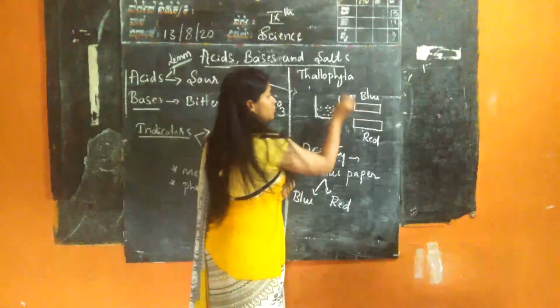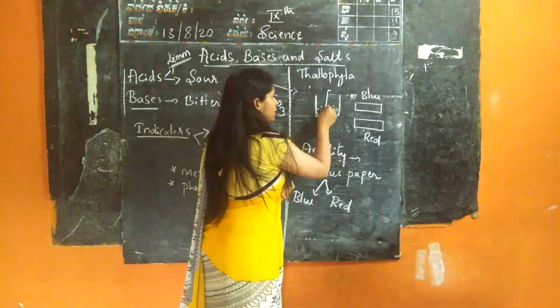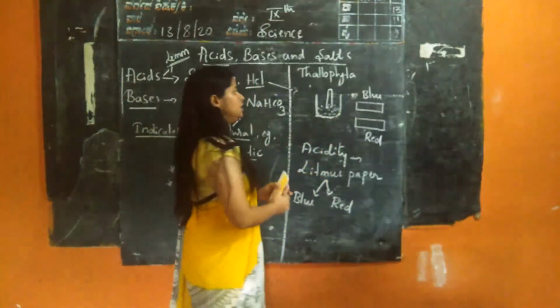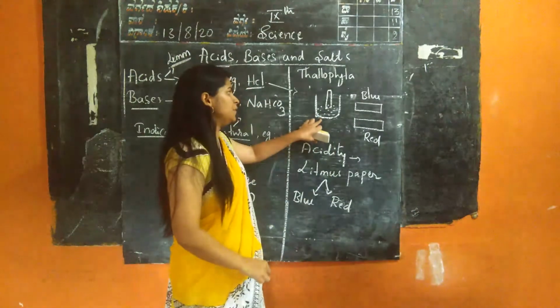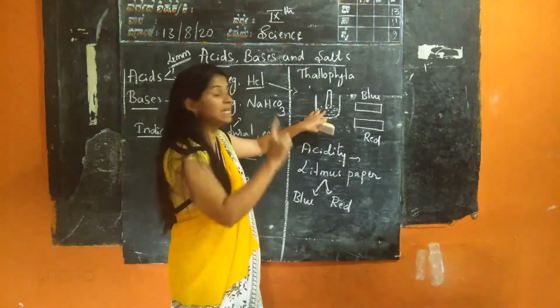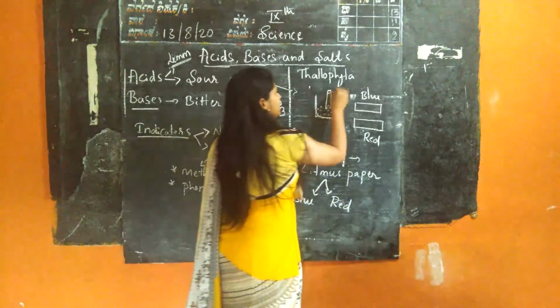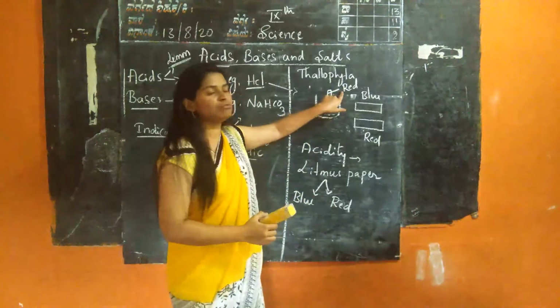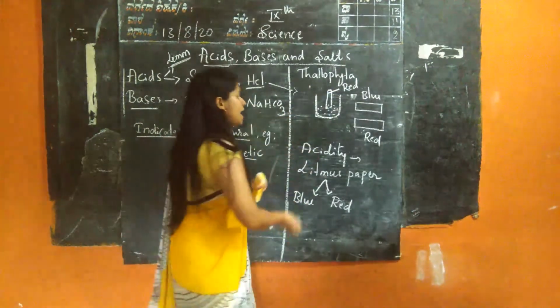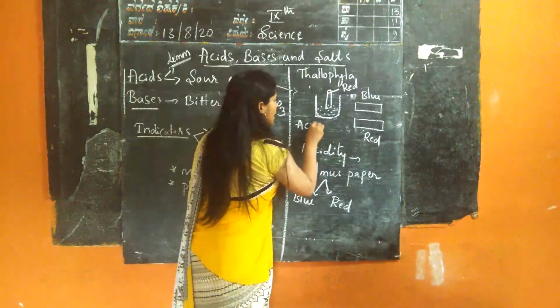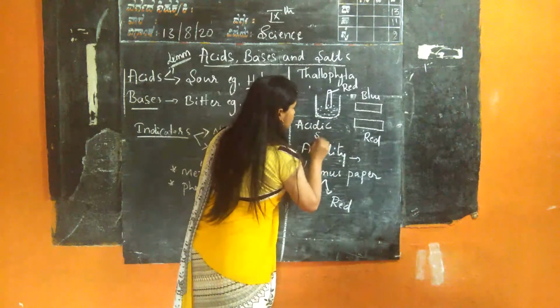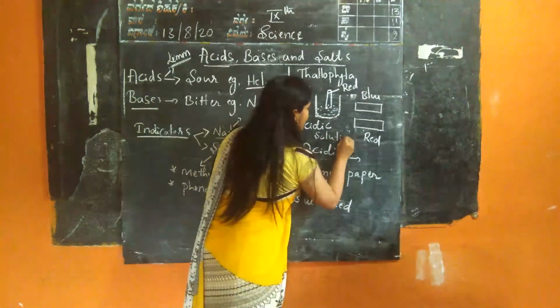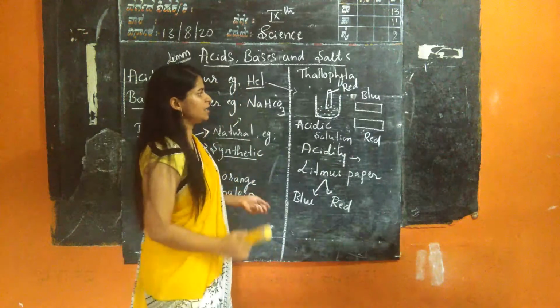First I will take this blue litmus paper and dip it in this solution. If the blue litmus changes into red, the solution is an acidic solution. Understand?